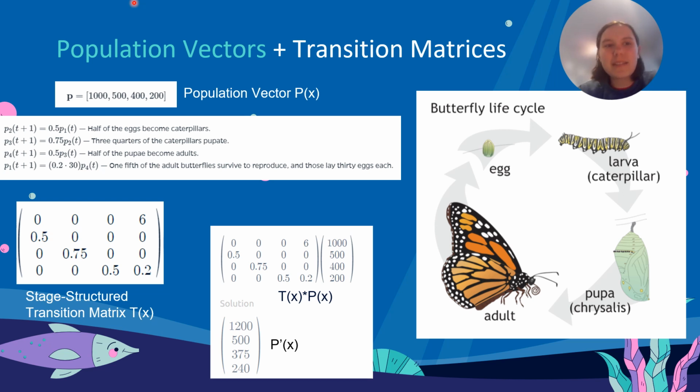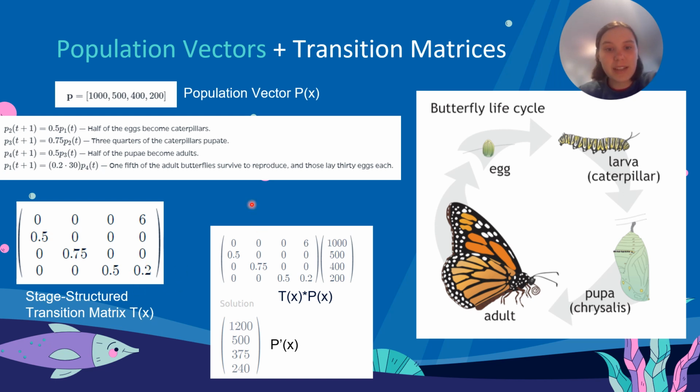Where this becomes a little more complicated is in this first row. You're like, what does this 6 mean? What we're saying here in this first egg row and adult column is that, like we say up here, an adult is laying 30 eggs each, but only 0.2 of the adults survive.